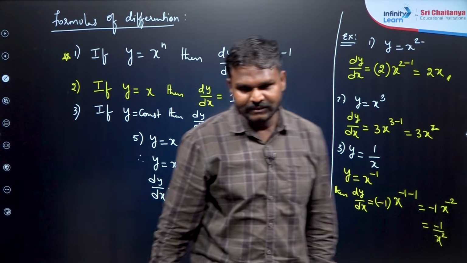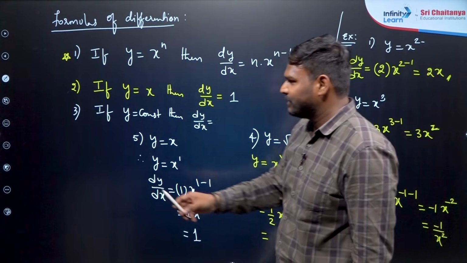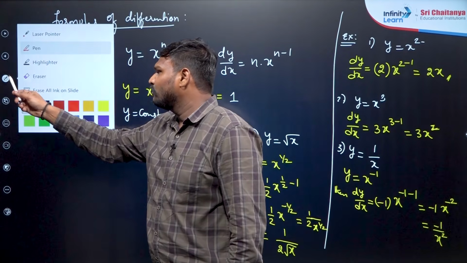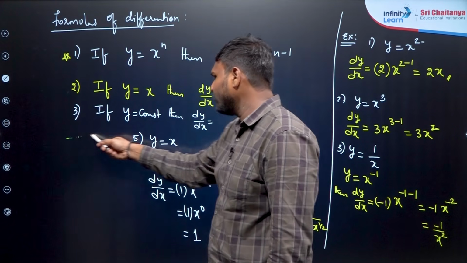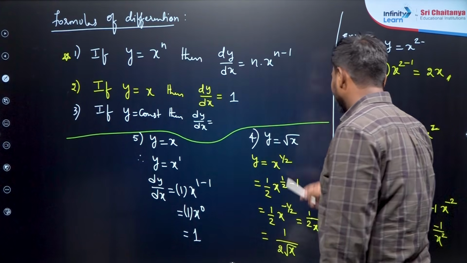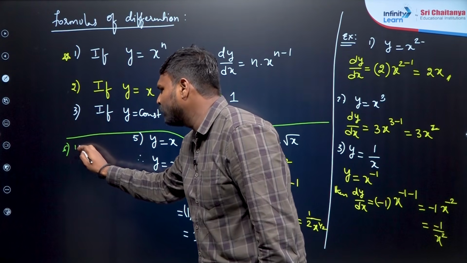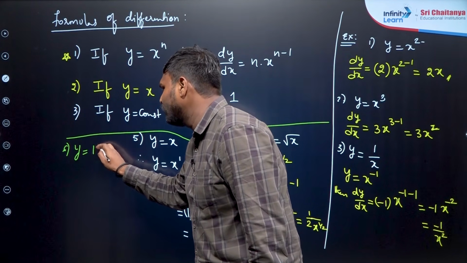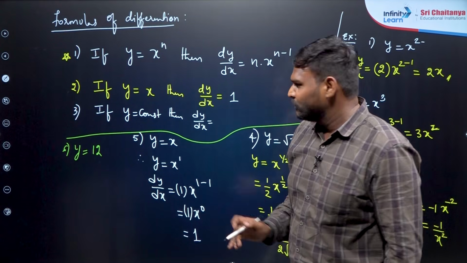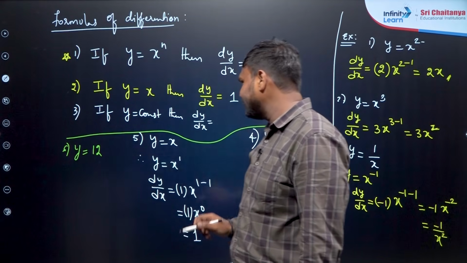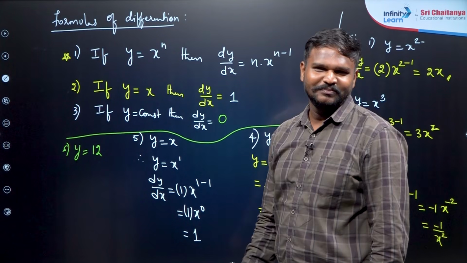Next, try to understand the third formula. If y is equal to constant. If I give an example, y is equal to 12, y is equal to 13, or y is equal to 5, a pure number. So if y is equal to a constant, then what is the derivative? Derivative is 0. Why?